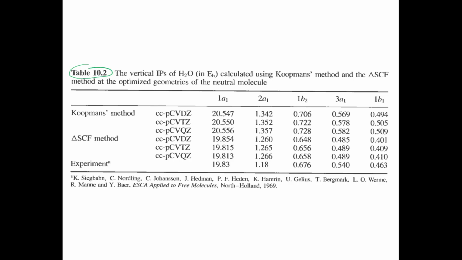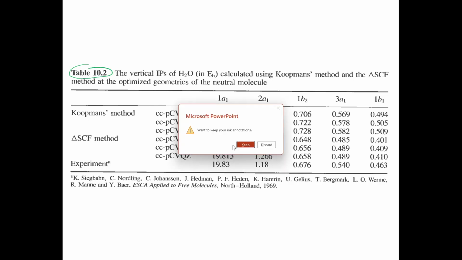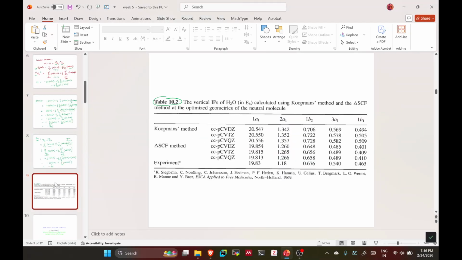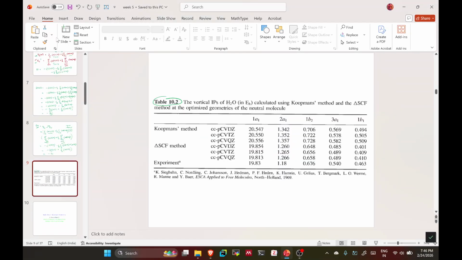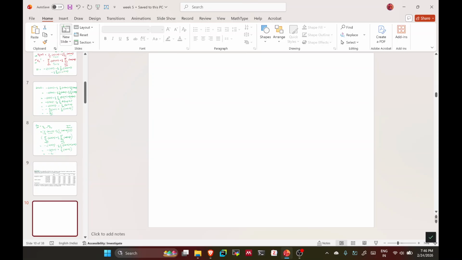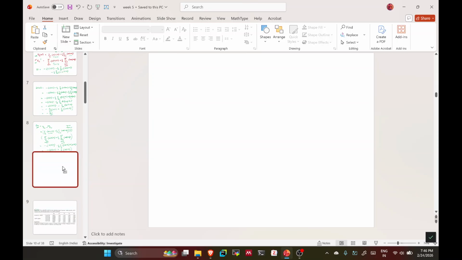Before going into this table, let me discuss one thing which is also discussed in the lectures, but again for completeness, I'll discuss it here. Why does IP come out to be good with the Koopmans approximation, but EA fails miserably? The expression goes like this.